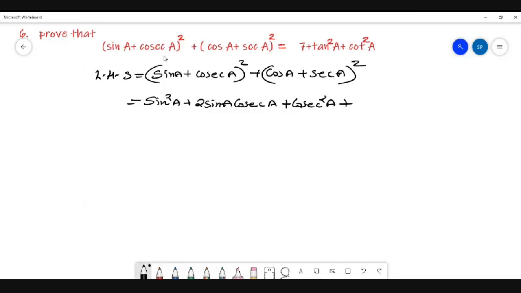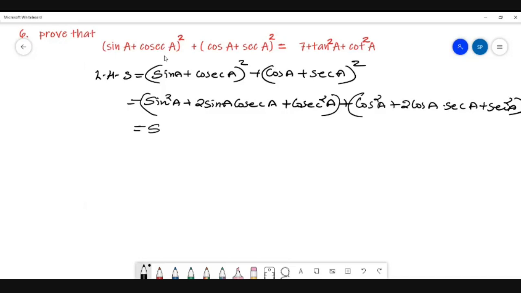This is the expansion of (sin A plus cosec A) whole square, plus next one is cos square A plus 2 cos A into sec A plus sec square A. Now this is the second bracket. A plus B whole square is A square plus 2AB plus B square, again.